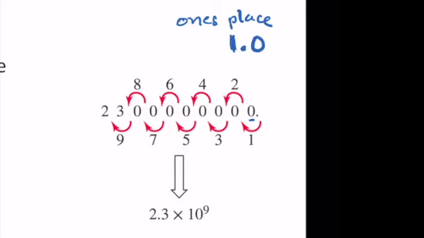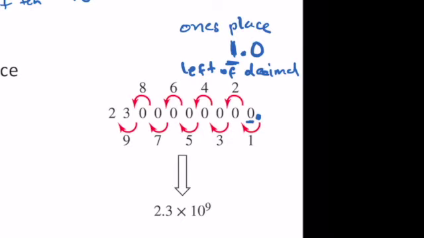Then move this decimal over until you have a number that is more than 1 and less than 10. So this moves over 1, 2, 3, 4, 5, 6, 7, 8, 9 times to give the number 2.3. And the 9 times that it moved becomes the exponent in the power of 10, 10 to the 9.